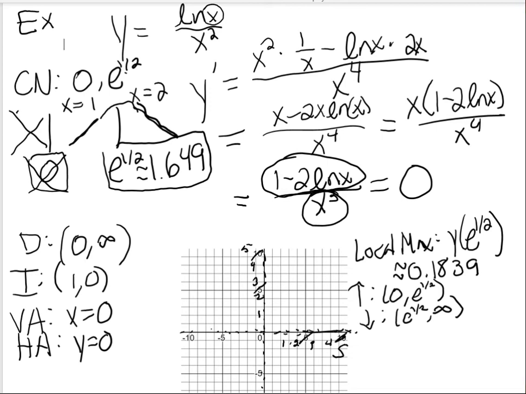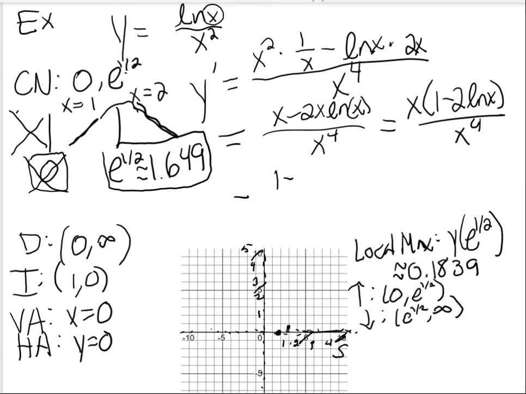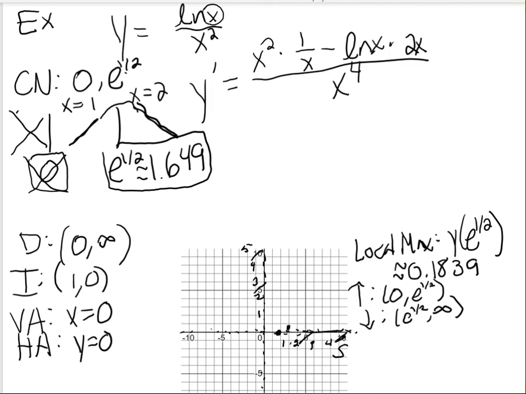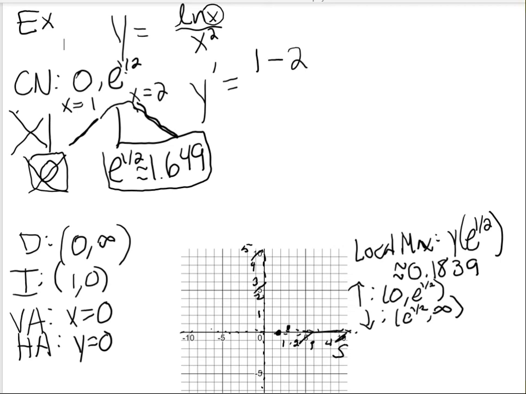Okay, so now what? Well, we want to do the concavity test, as we said. We had simplified the derivative to be 1 minus 2 natural log of x over x cubed.